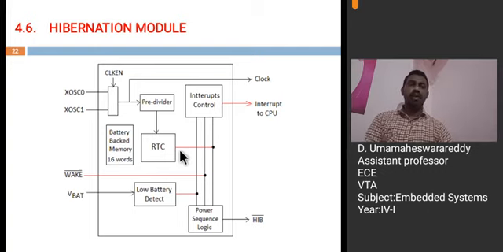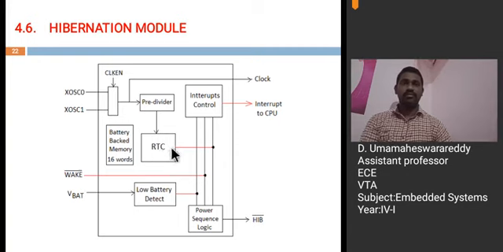In the real-time clock, we can generate periodic events in order to keep your processor or peripherals in hibernation mode. After the time period event which you set here matches, it brings your CPU and peripherals back into the active state from the hibernation state.